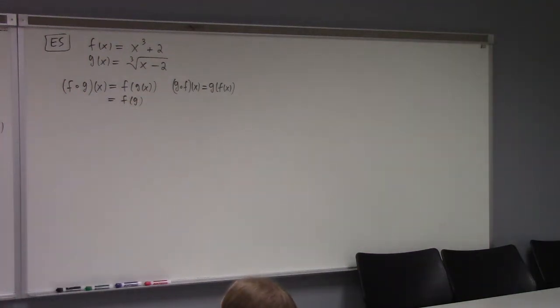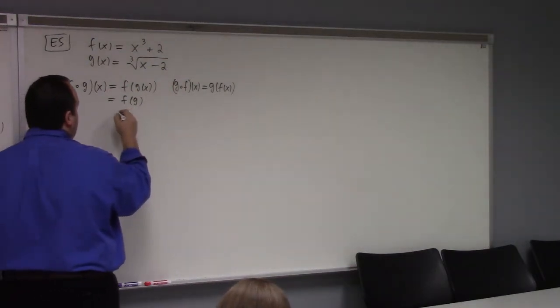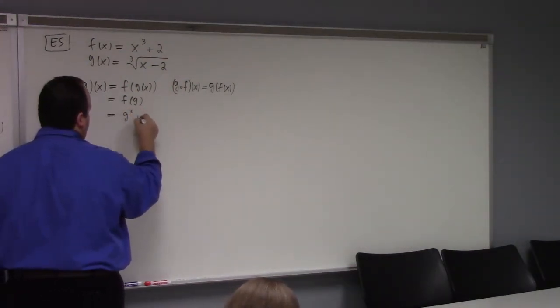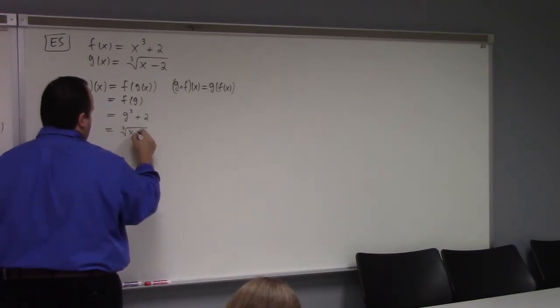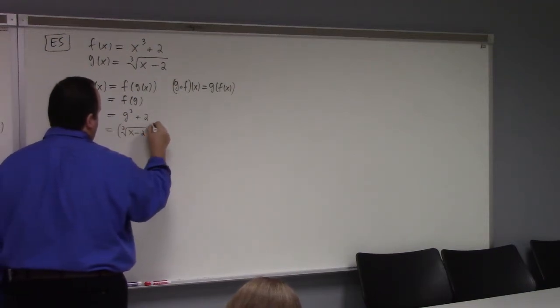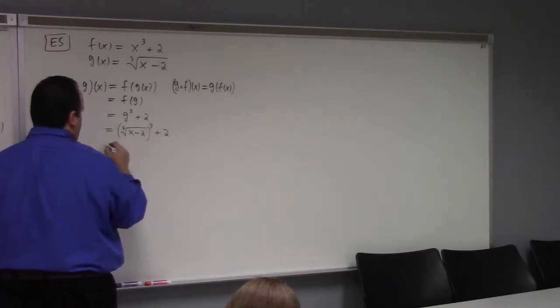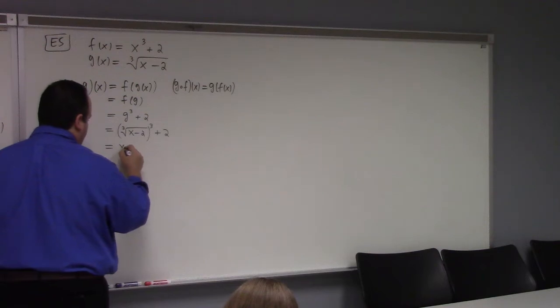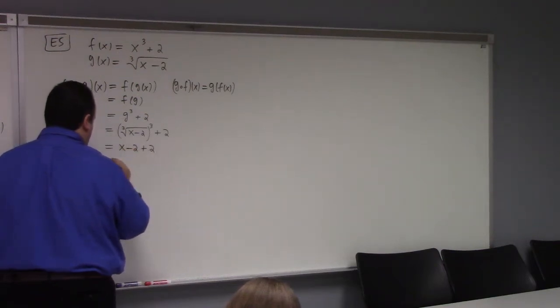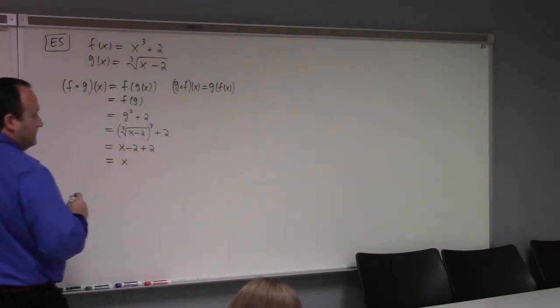So I plug g in the formula in the place of x. That would give me g cubed plus 2, which is really the cube root of x minus 2, cubed, plus 2, which is x minus 2 plus 2, which is, well, x.